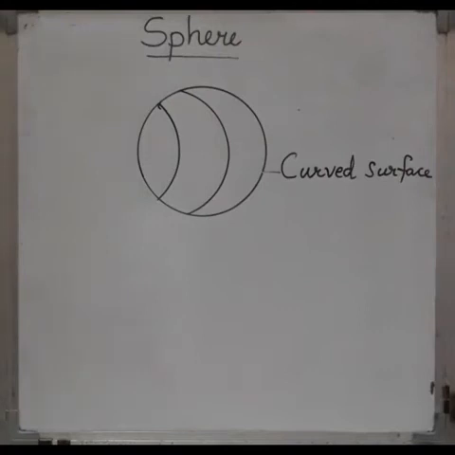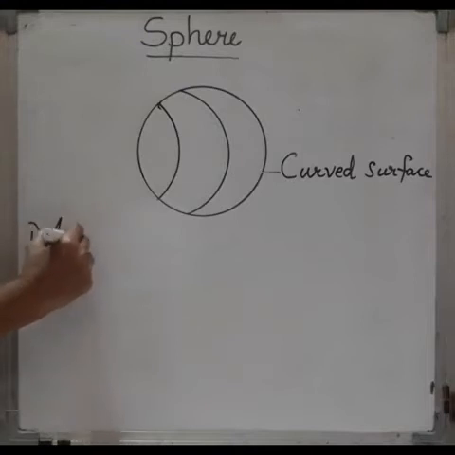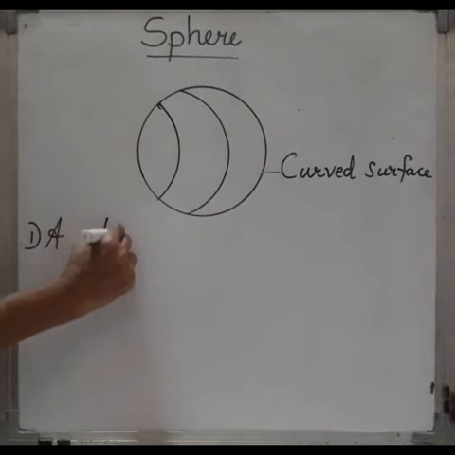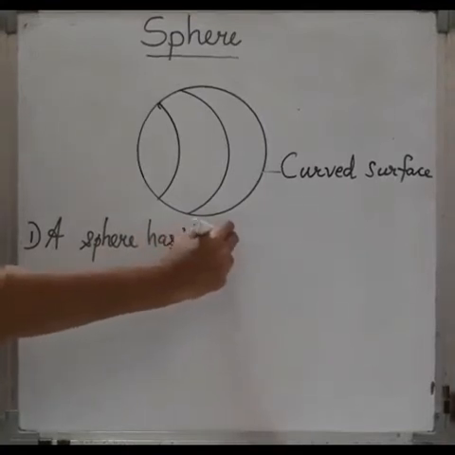And what are the notes you have to remember when you learn about a sphere? These are the notes you have to remember. A sphere has one curved surface.